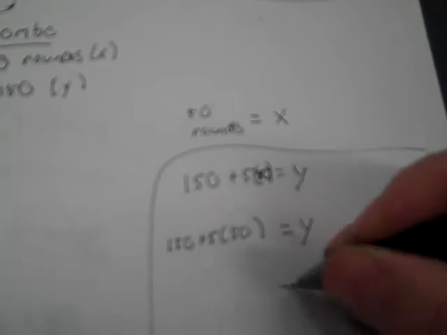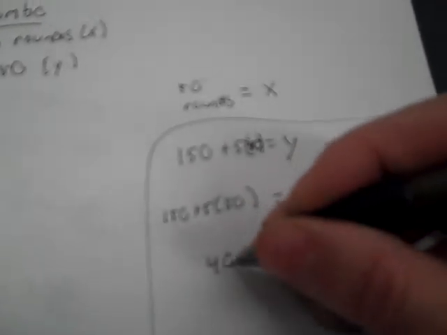And when I'm solving for y, it's by itself, so I can just enter that into the calculator. So 150 plus 5 times 50 gives me 400. So I have 400, and then I have y. Okay, now I solve for y here, and y is money, so $400 is my answer.